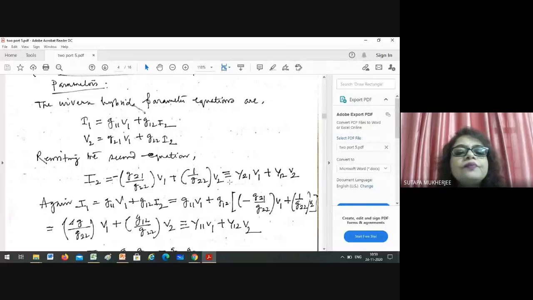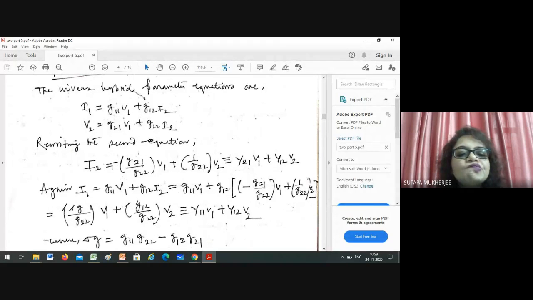Now I1 equals what? G11 V1 plus G12 I2. Now put the value of I2 in this equation. Putting the value of I2 here, G11 V1 plus G12 into this value of I2.